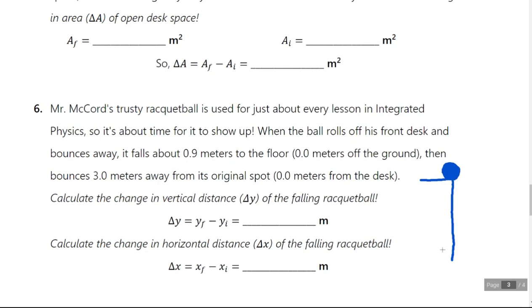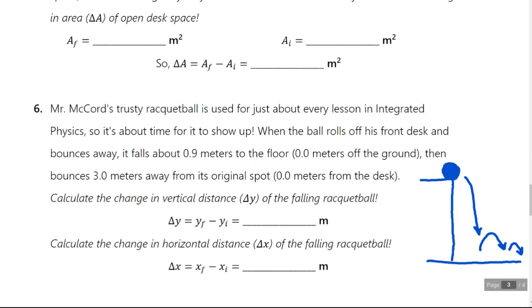And it falls by 0.9 meters. And then it bounces 3 meters away. So it's going to kind of fall like this, and it's going to bounce and it's going to roll. Something like that, where this is the floor here.